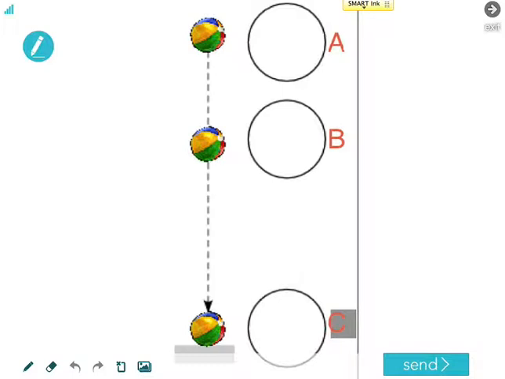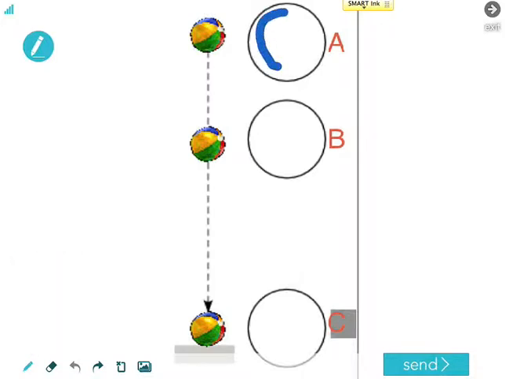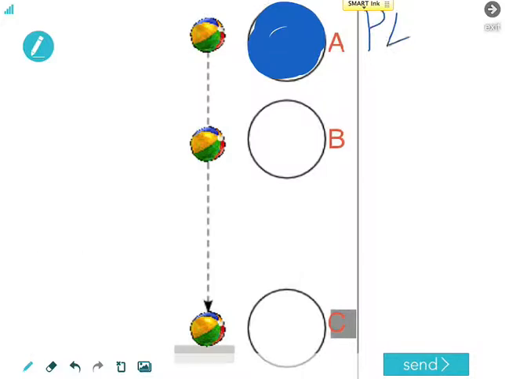You can either denote that by saying there's 100% gravitational potential energy, or if you want to, you can go ahead and color in the circle all the way to show that's 100%, and then right next to it, you would write potential gravitational energy.